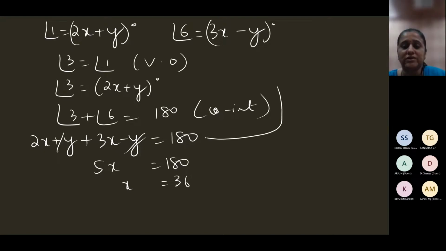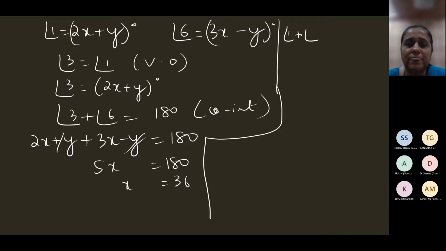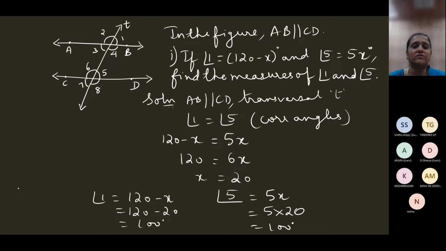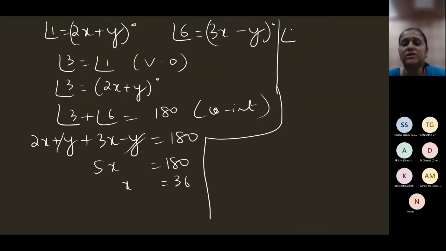Now, if you do it like this, we need to find angle 2 in terms of y. Using this relation, we got the value of x, but we have not answered the question.